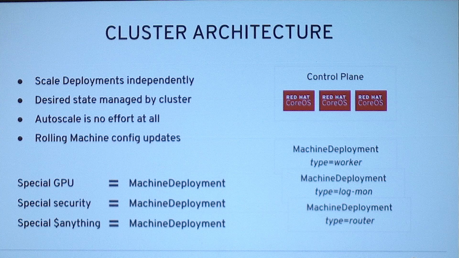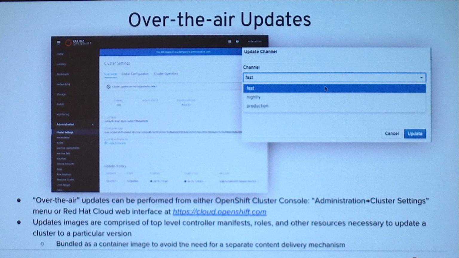So you could define your machine deployment set. Some of the nice things about this is you could scale each deployment type independently. The desired state is managed by the cluster. You get auto scaling for free now. Also, if you do a configuration change, you'll get rolling machine config updates throughout all those different node types. So now we have over-the-air updates.